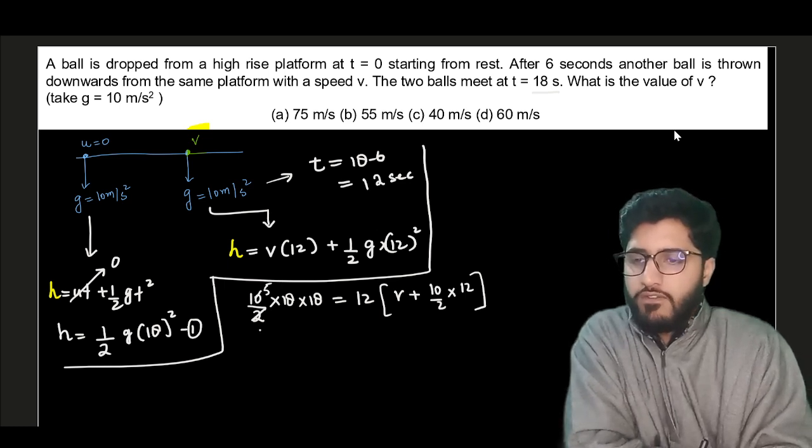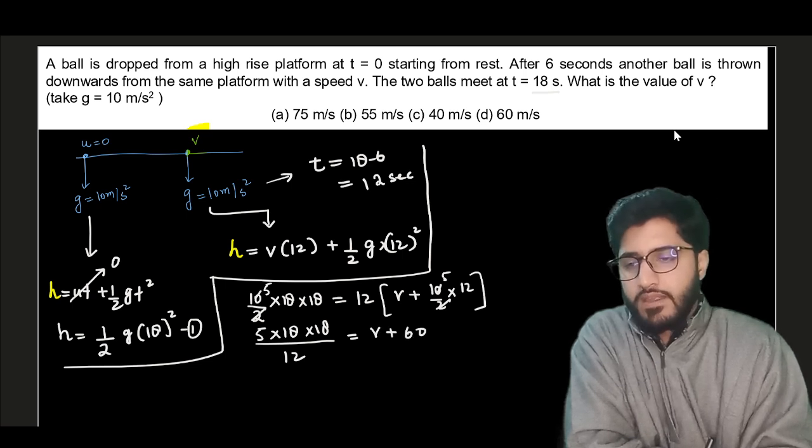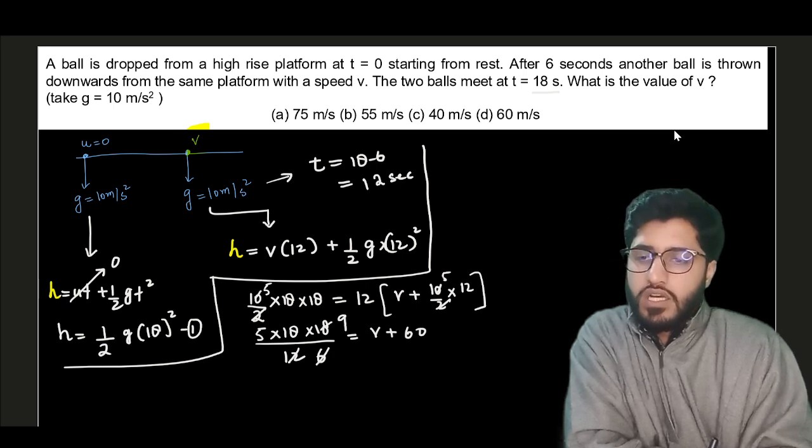So we have 5 multiplied by 18 multiplied by 18 whole divided by 12 equals v plus 60. Clear? 2 sixes are 12, 2 nines are 18. 3 twos are 6, 3 threes are 9. 5 threes are 15.